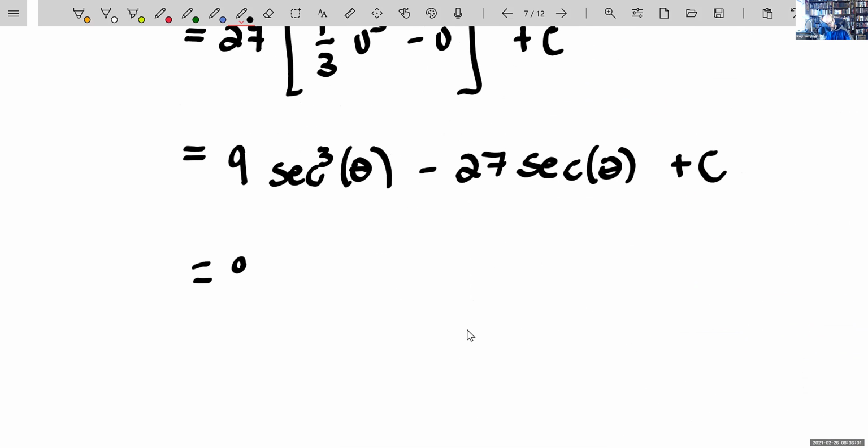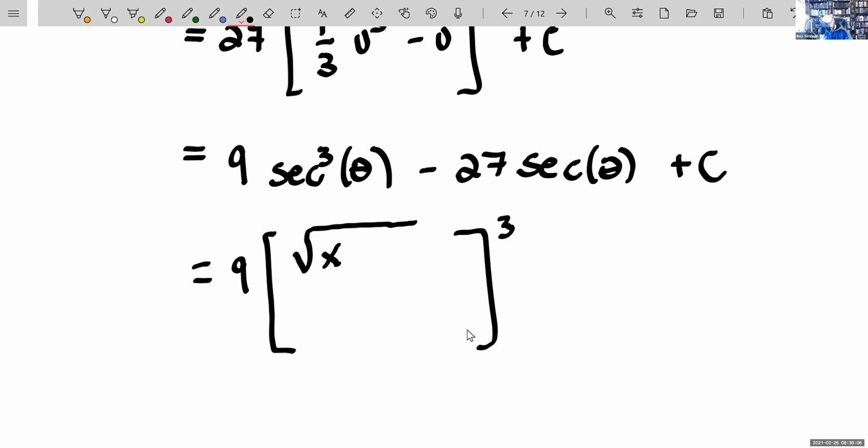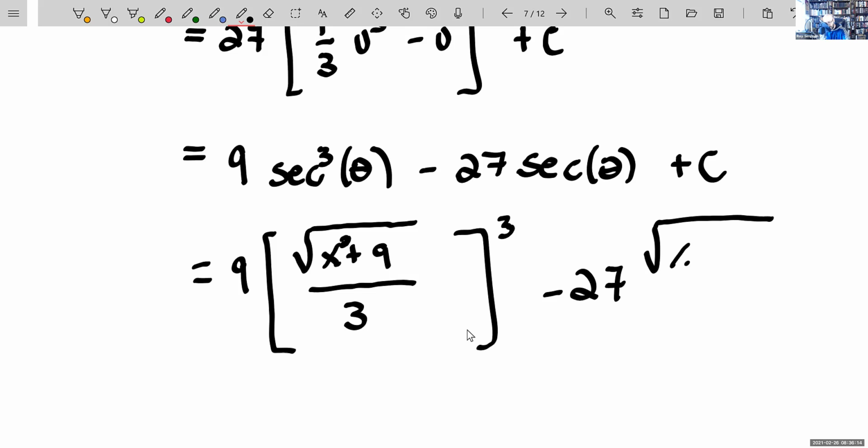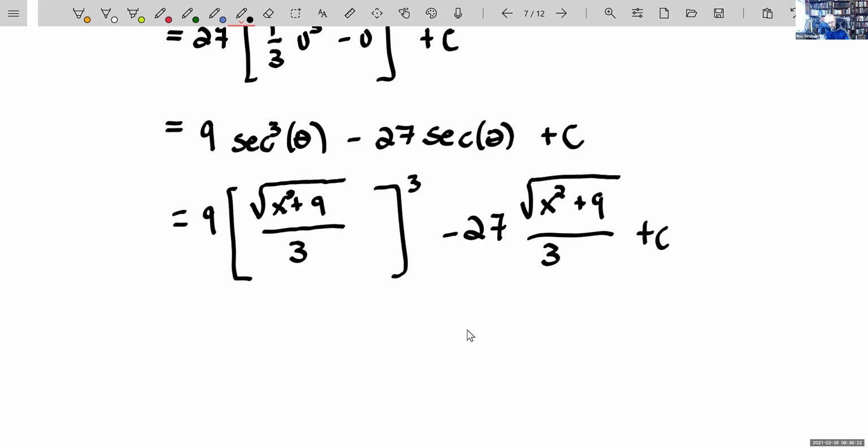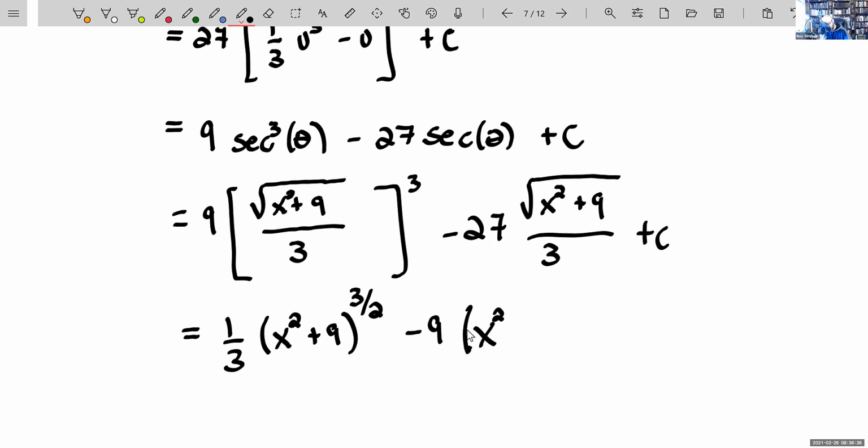So this is going to be 9 times root x squared plus 9 over 3, cubed, minus 27 times root x squared plus 9 over 3. Obviously, this is going to simplify. Let's see. 3 cubed is 27. 9 goes in 27 3 times. So it's 1/3 times the quantity x squared plus 9 to the 3 halves minus 9 times, I'll just write it as x squared plus 9 to the 1/2 plus c.